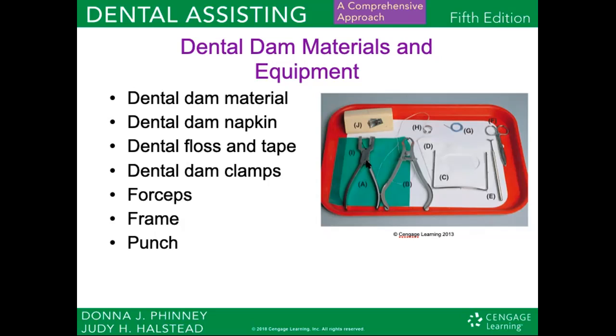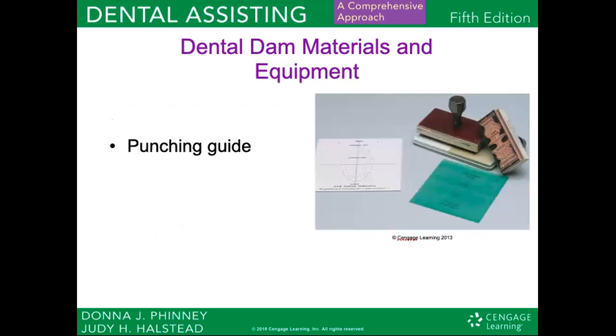The punch is this little hinged instrument here, letter I, and the punch is used similarly to a paper hole puncher, except that it has this little spear or stylus at the very tip that aids in punching a hole in the exact location that you need it to. And then we have a punching guide.